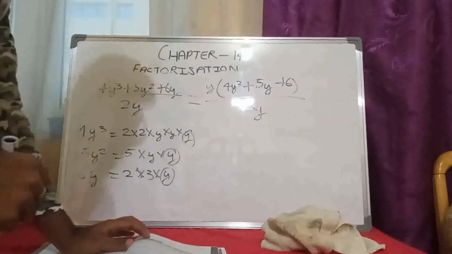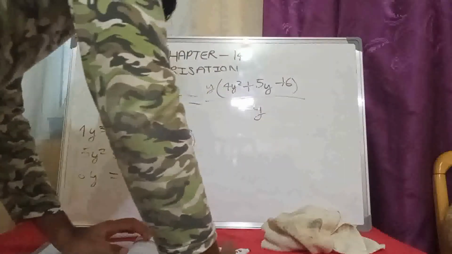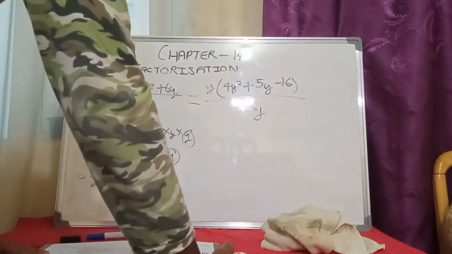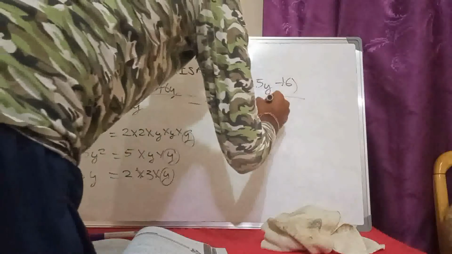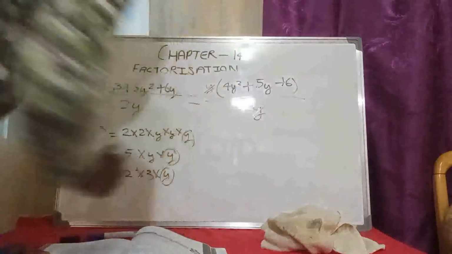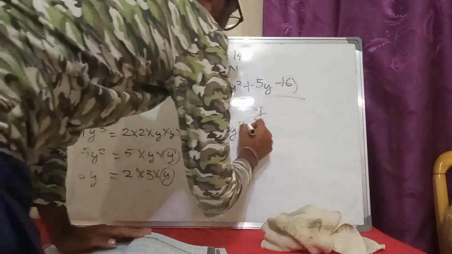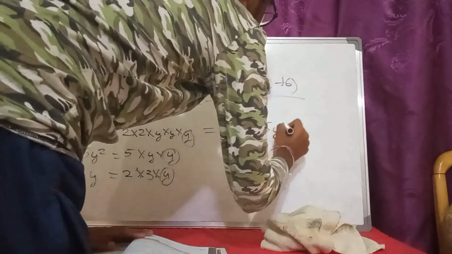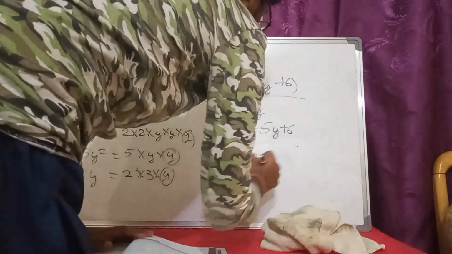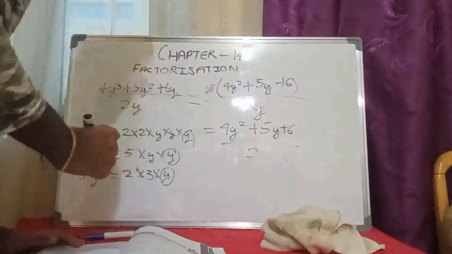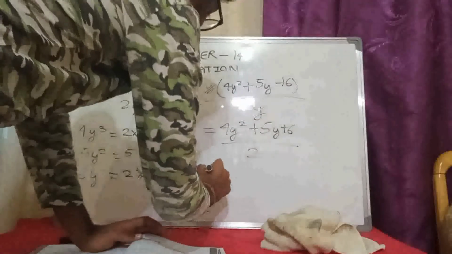We can cut out each of them. We can cut it out like this, y. Now after y and y are cut out, we get 4y square plus 5y plus 6 divided by 2. Now we'll divide it separately.